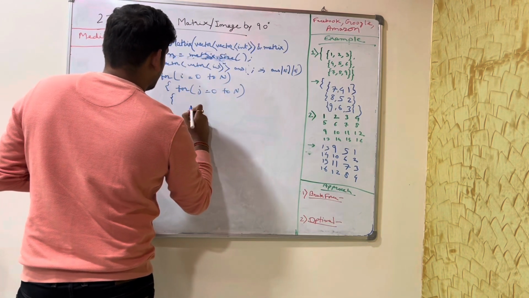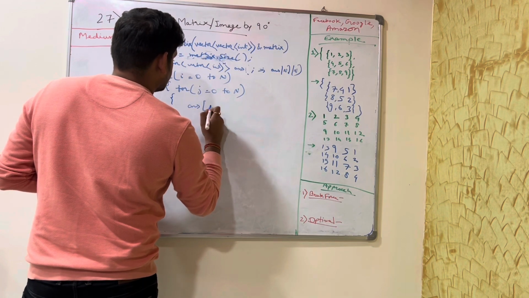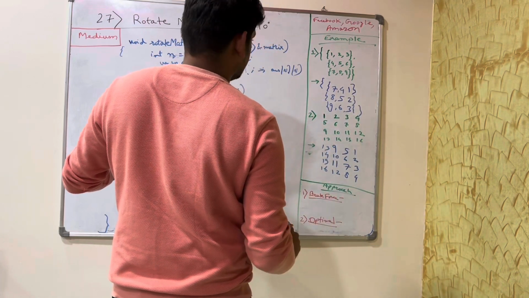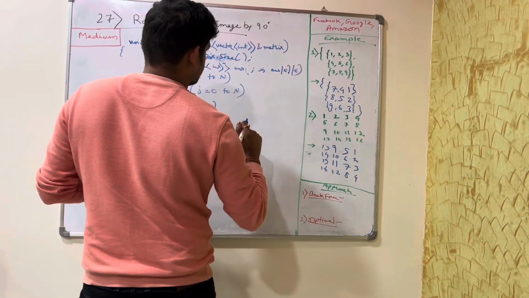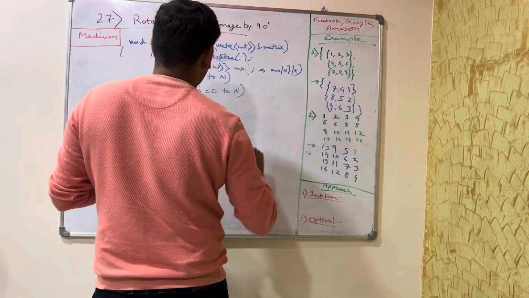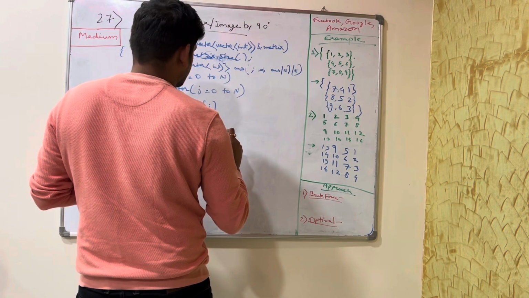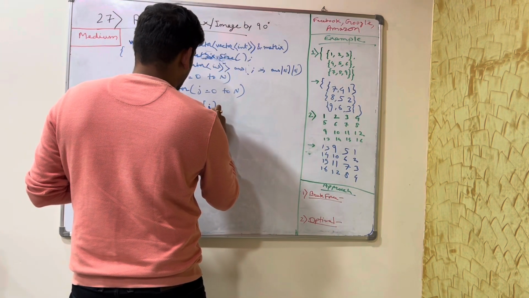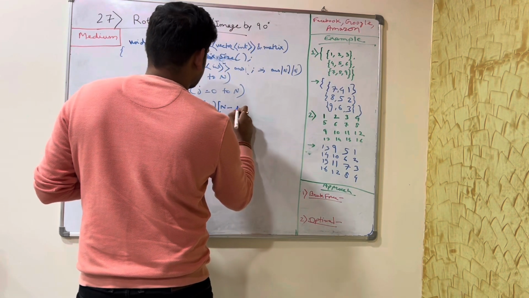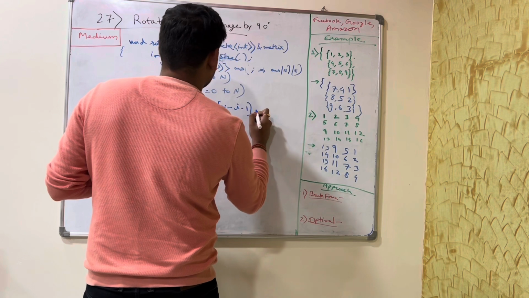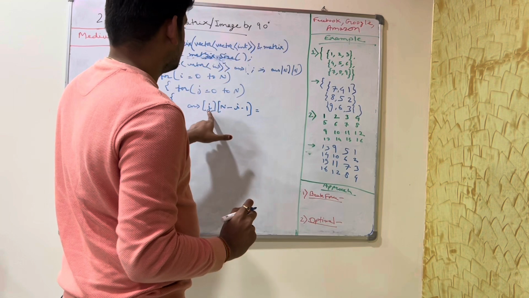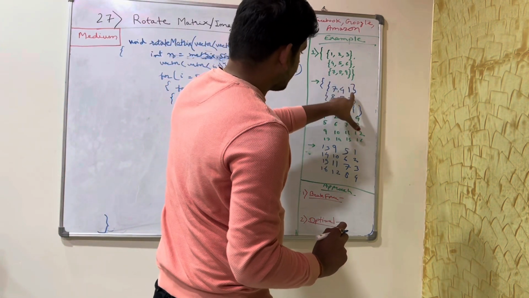What do I want to store in answer? I want to store the last column as the first row. We are traversing in a row manner. Since j is increasing, the index can be answer[j][n - i - 1]. When i is 0, n - 1 is the last column.